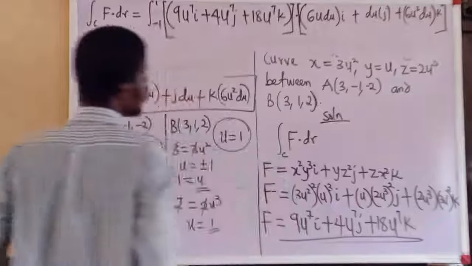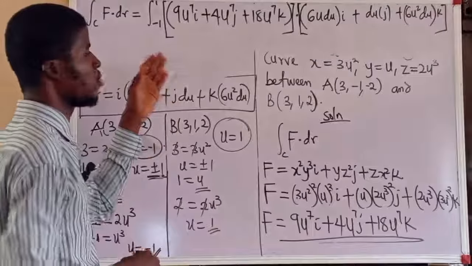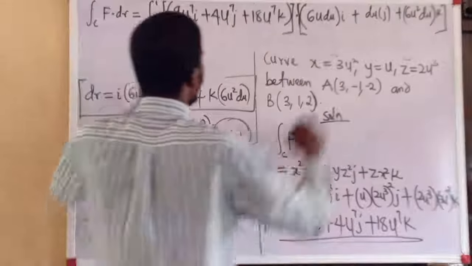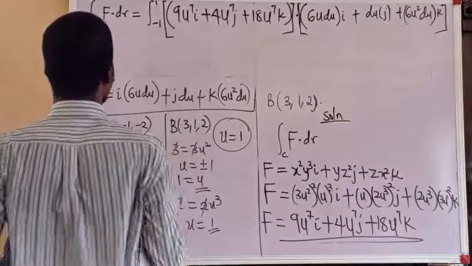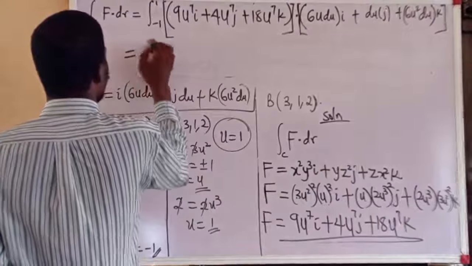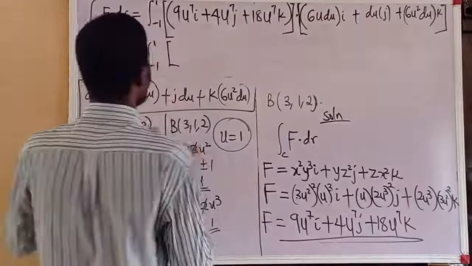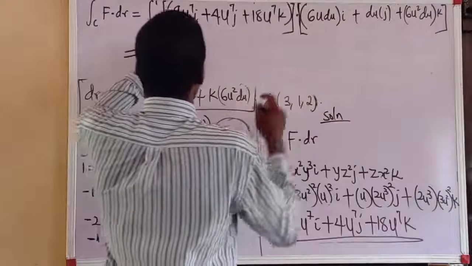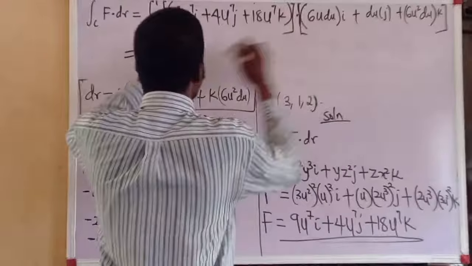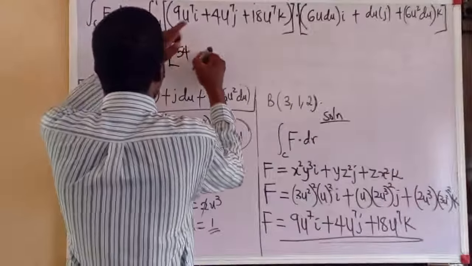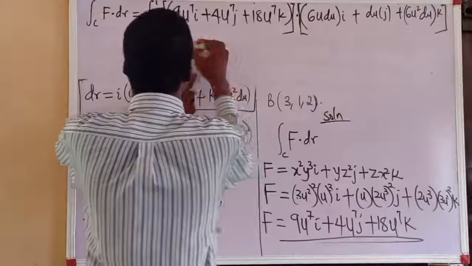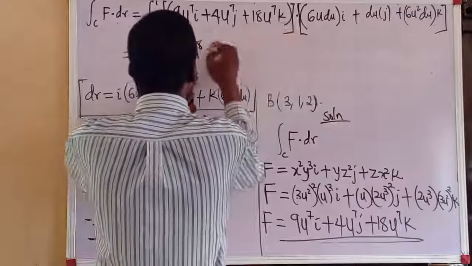So this is actually a dot product. Let's evaluate the dot product of these two vectors. Remember how dot product is performed? The integral from minus 1 to 1 of this. So let's multiply corresponding terms. 9 times 6, that's 54. u to the power of 7 times u is u to the power of 8 du.